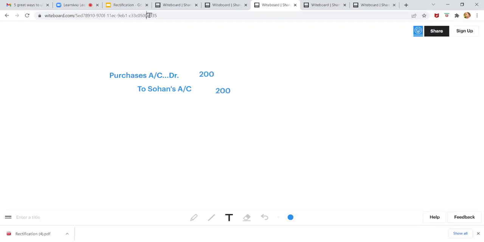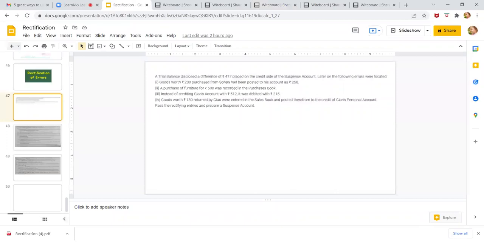But what happens here? It means that in the ledger account of Sohan, it was posted as 250 rupees, but there has to be 200 only. The transaction was done with the amount of rupees 200 only.